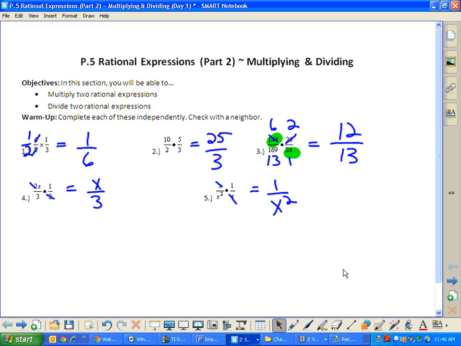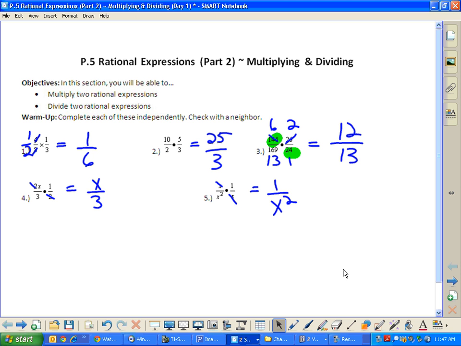Doing the other diagonal, I look at 26 and 169 and those are both divisible by 13. 13 goes into 26 twice. 13 goes into 169 13 times. So I crossed out those common factors and wrote what was left over. So 6 times 2 is 12. 13 times 1 gives me 13. I did that whole problem without touching a calculator. So that's a little workaround for you there.